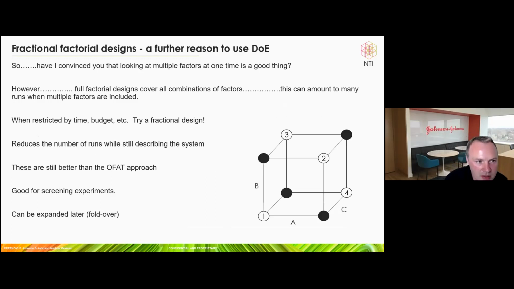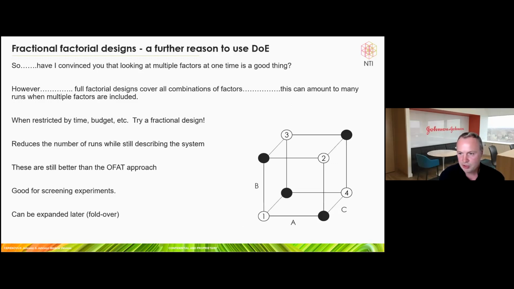Okay, and another major benefit of DOE is, well, what can be seen as a negative is, well, you've got so many factors here, right? And you're asking someone to run all these different combinations of your system with different settings, and it can be a lot of work and it can be quite daunting.